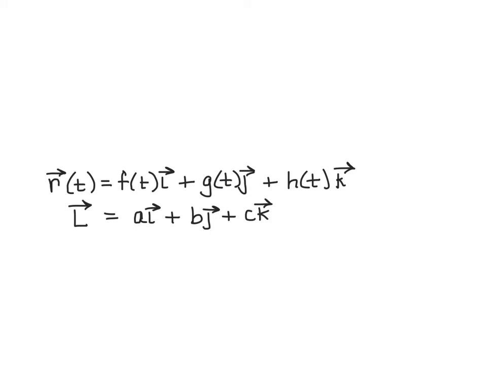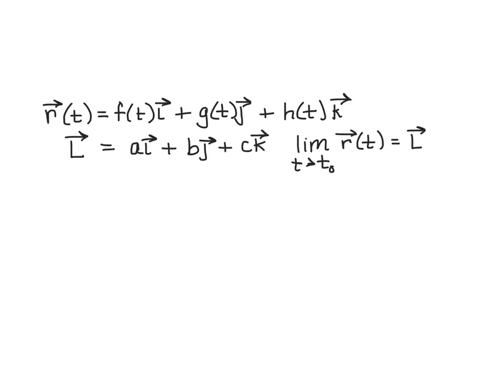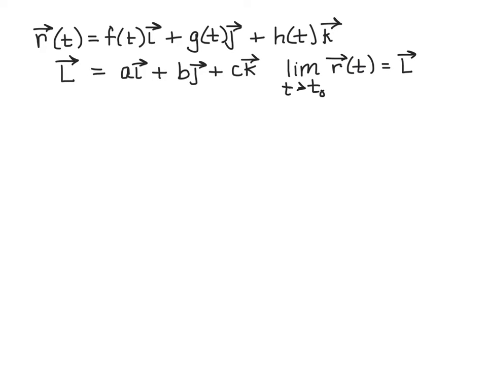And remember, we're saying that the limit as time approaches some value t naught of r of t is this limit vector L. So let's move this up. And so this is the same as saying that the limit as t approaches t naught of the magnitude of r of t minus L is equal to 0.